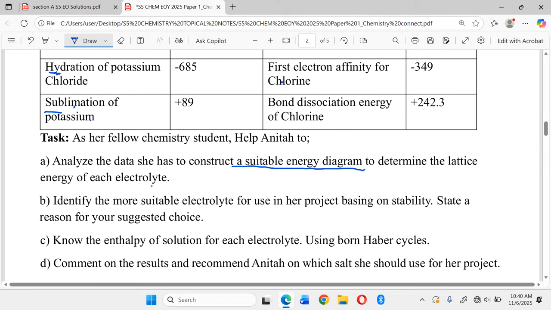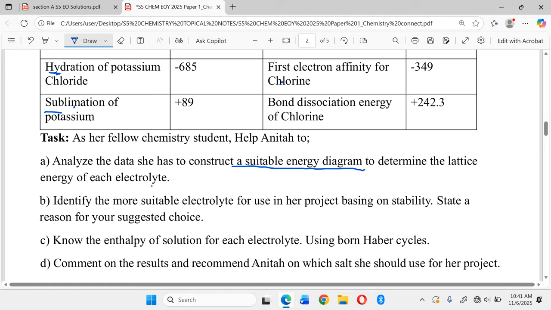Part B, identify the most suitable electrolyte for use in her project basing on stability, and then state the reason for your suggested choice. Then part C, determine the enthalpy of solution for each electrolyte using Born-Haber cycles. And then finally, comment on the results and recommend to Anita which salt she should use for her project.